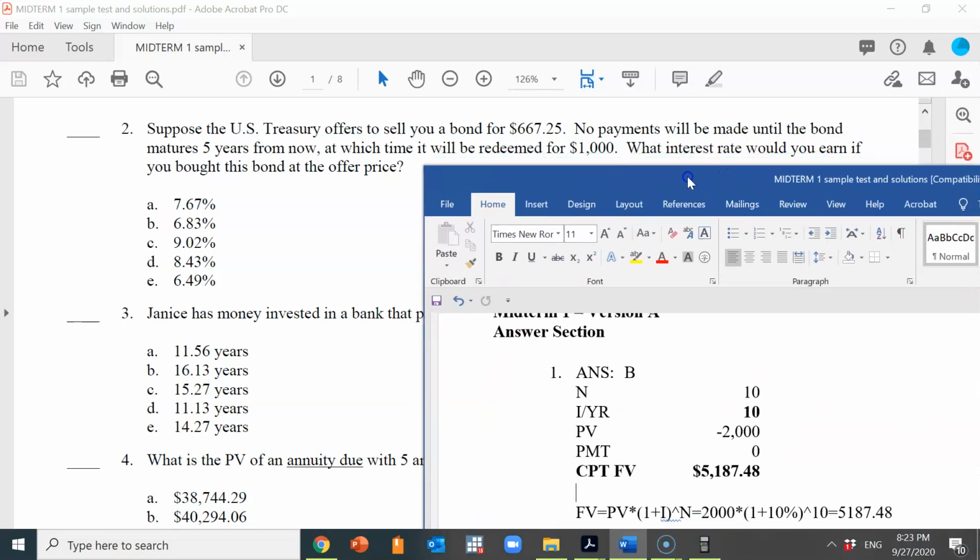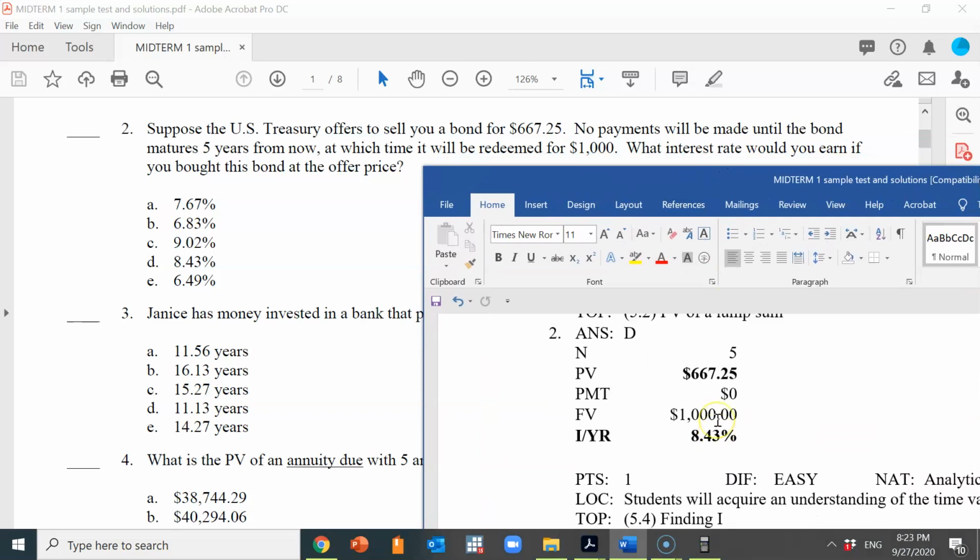You can look at the question number 2 solution here. We can input N as 5, present value as negative 667.25, something you're paying today, payment as 0, future value as positive 1,000, and compute for I/Y.